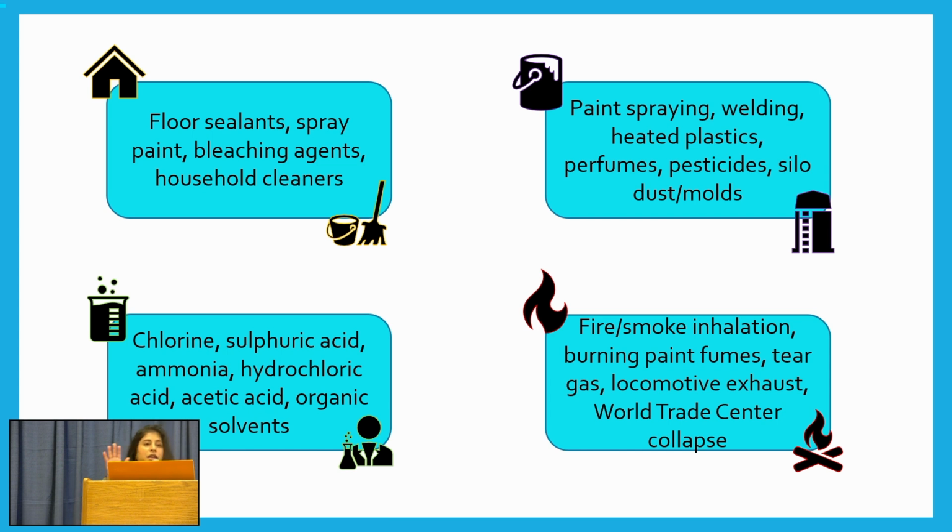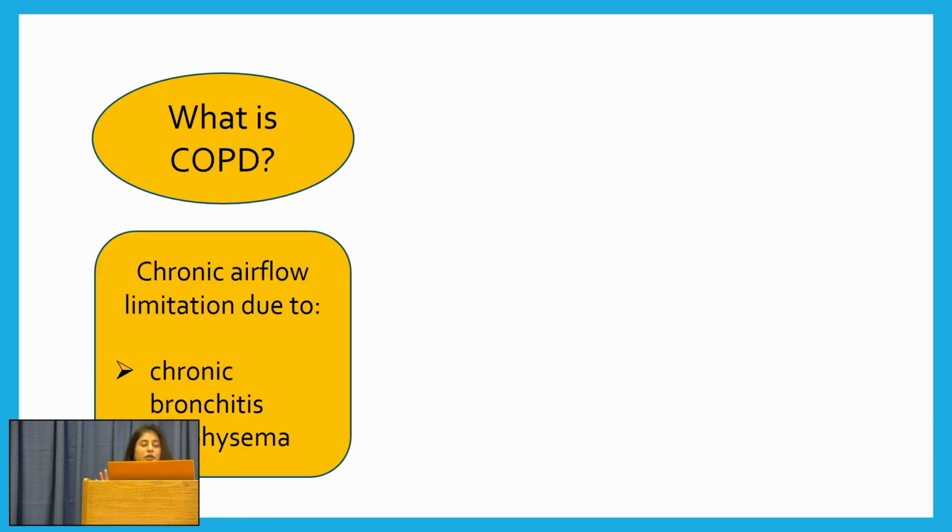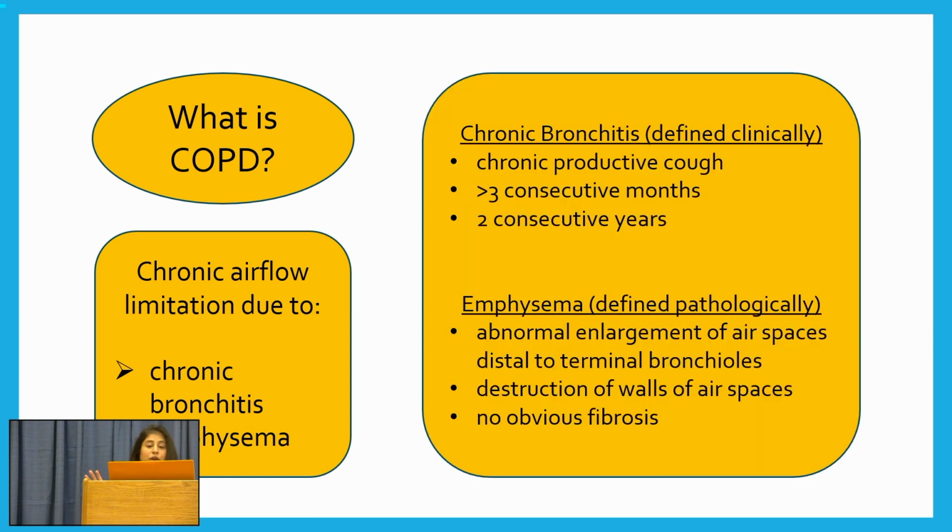So now we're going to kind of get to the crux of everything of what is actually COPD. So COPD is a chronic airflow limitation due to two things: chronic bronchitis and emphysema. This is the actual definition of it. If we break down chronic bronchitis, it is defined clinically.